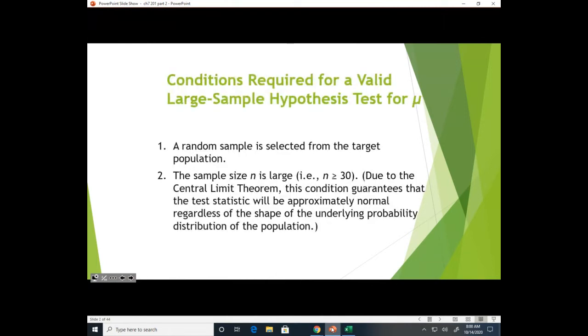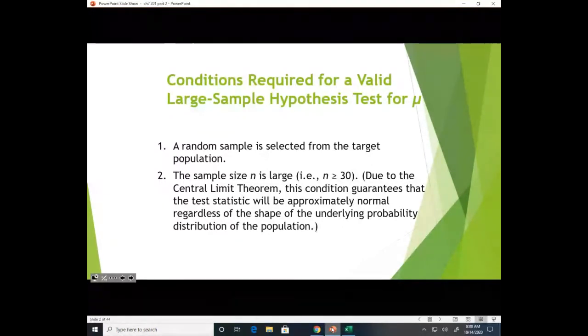The conditions that are required for a valid large sample hypothesis test for the mean are that a random sample is selected from the target population, and that the sample size n is larger than 30. It comes back to the central limit theorem.